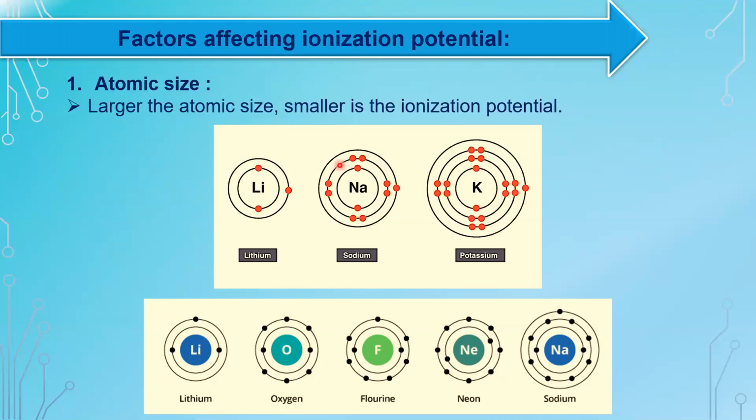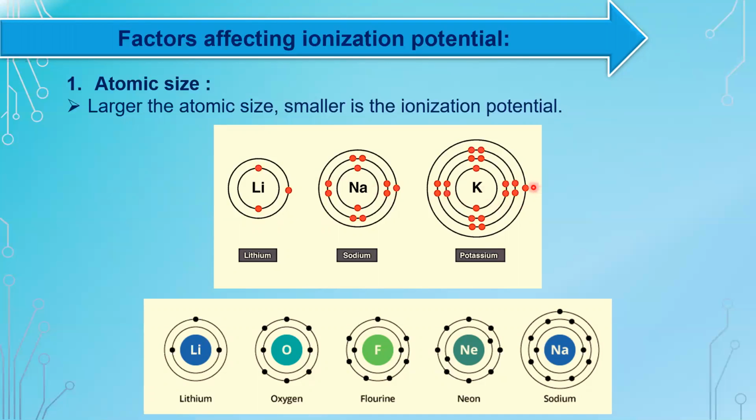So you can see that as we move from top to bottom in a group, or as the atomic number increases, the number of shells increases, and hence the distance between the nucleus and the outermost shell increases, which results in an increase in atomic size.